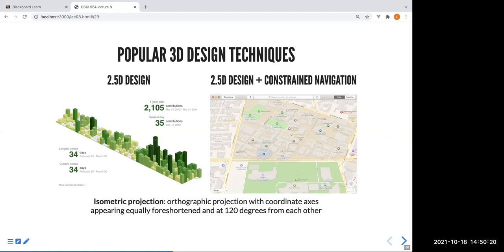In most maps you can zoom in, and then you get a perspective view that is this simplified 2.5D with a constrained navigation. Depending on the height at which you're moving, you keep the angle at which you are with the surface, so that you don't need to think too much about the movement. And that works up until the point that the data are good for that, meaning that they don't create too many occlusions.